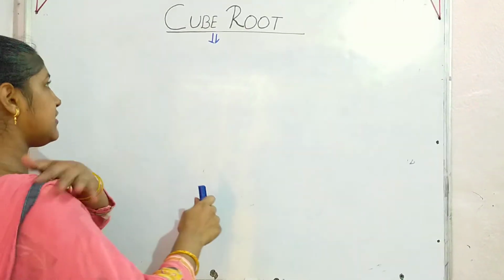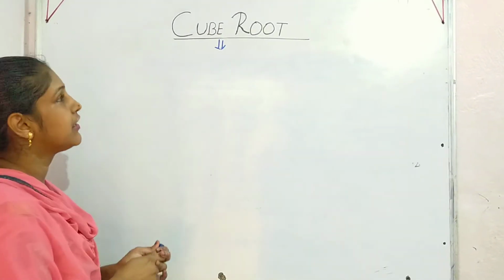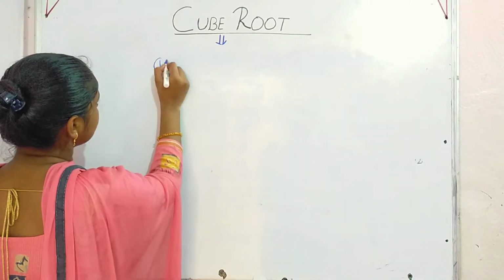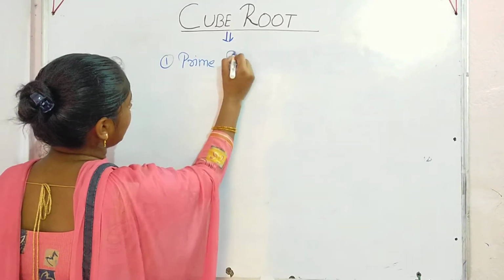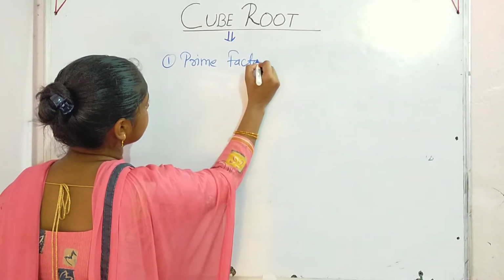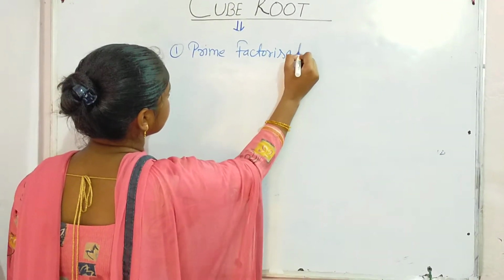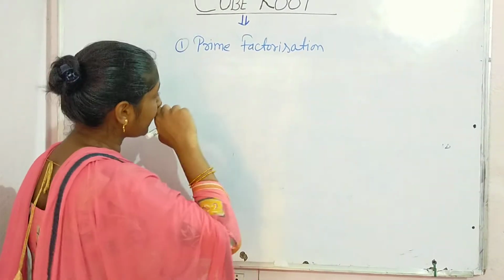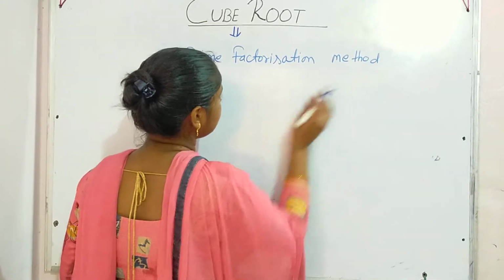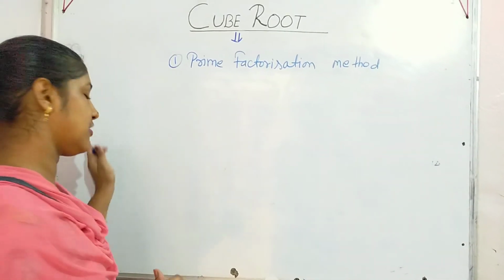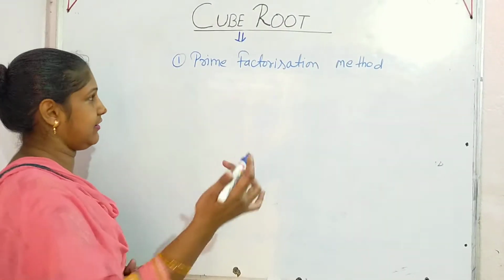So first we give the heading, methods of finding cube root, and our first method is the prime factorization method. We understood this method in the square root chapter, so we repeat it here.